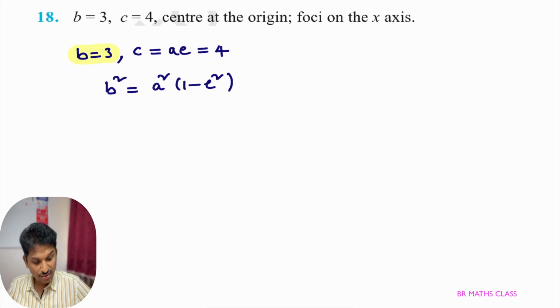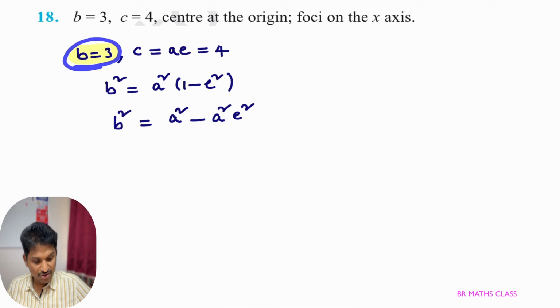For that, here B square is there. You observe here B square is 9. You simplify this equation a little bit, right? B square equal to A square minus A square E square. Now you substitute this B square value.